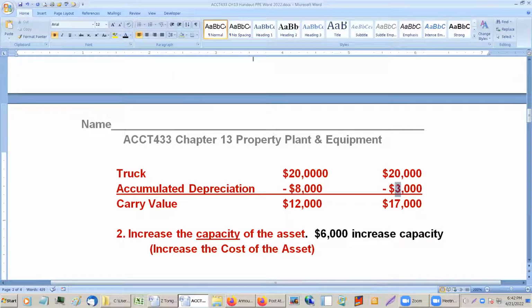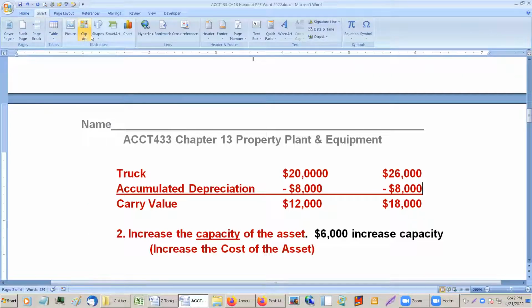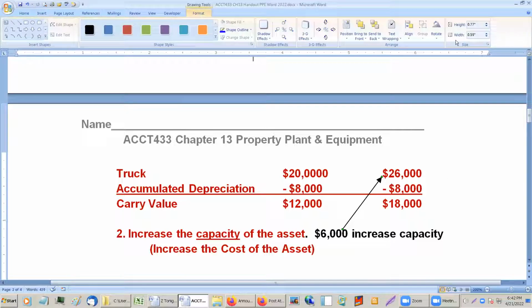We're going to leave the depreciation alone. What we're going to do is add it to the truck. It's now a bigger truck. And this will come out to whatever they go. What is that? 18,000? You may want to check my math on that one. You're good. Okay. So it's sort of like now we have a bigger truck.